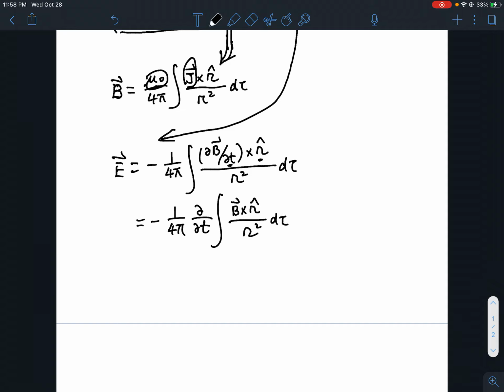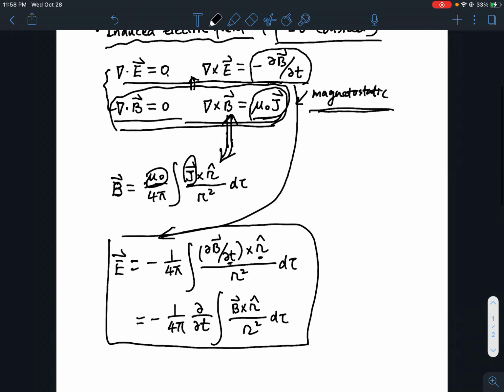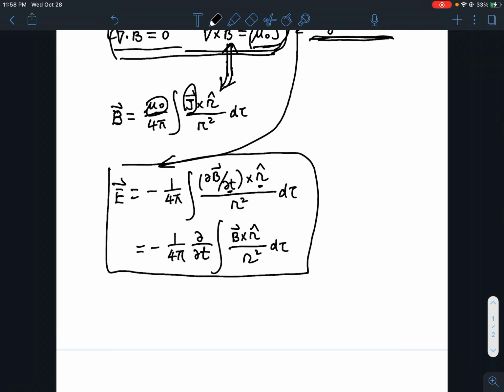So this is how we can calculate, using whatever we learned from magnetostatics, the vector for the induced electric field due to the changing of the magnetic field.